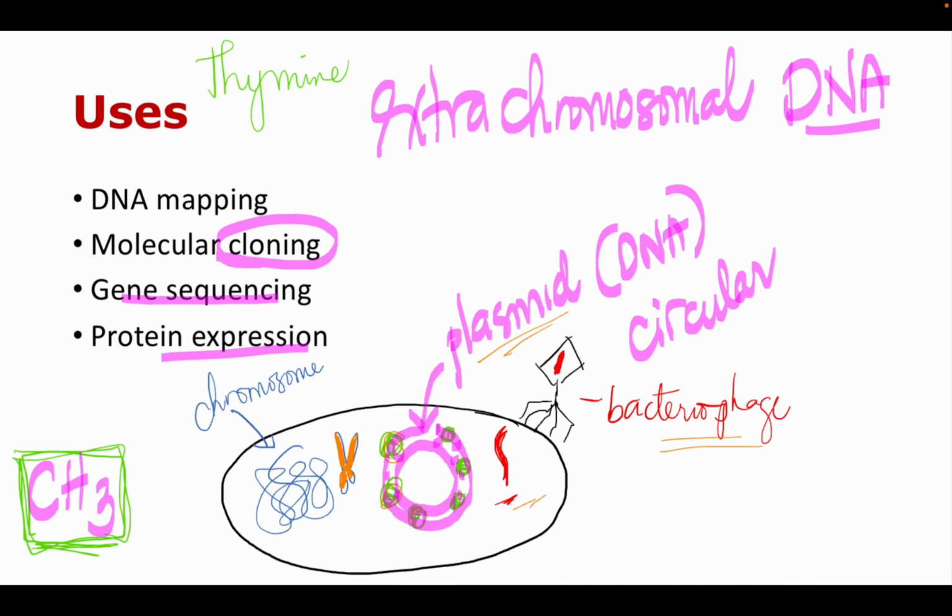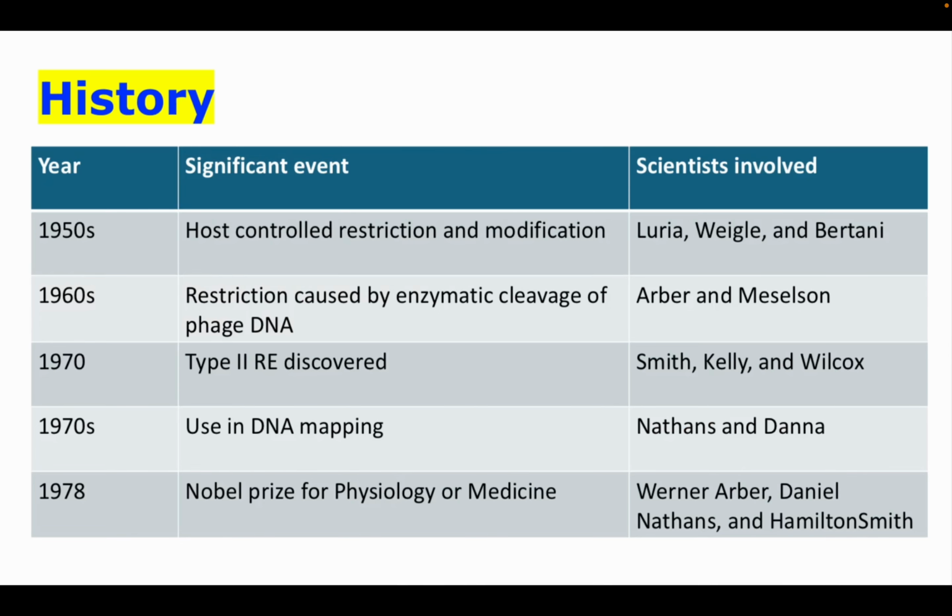That's why the restriction enzyme will cut the DNA of the bacteriophage if it ever infects the bacterial cell, but it will not cut the DNA of the bacterial cell or its plasmid, because of the presence of the methyl group. So that's one of the things that you might encounter when you are talking about restriction enzymes. Memorize this one.